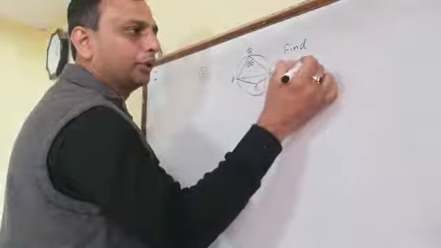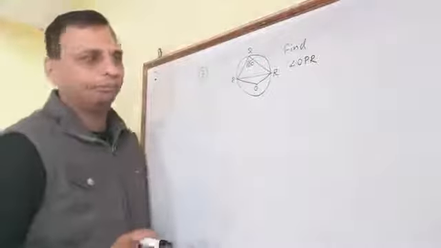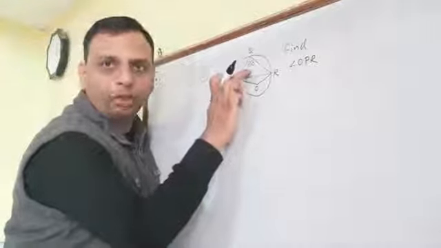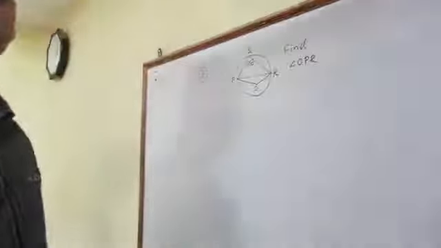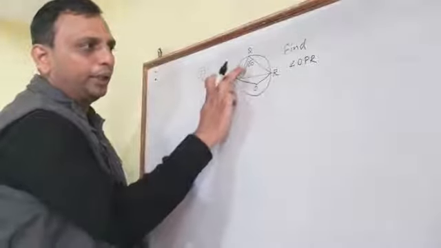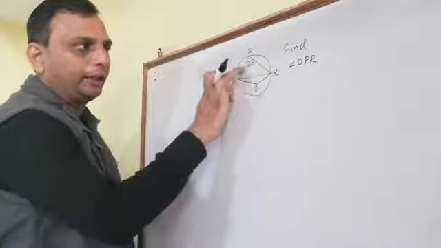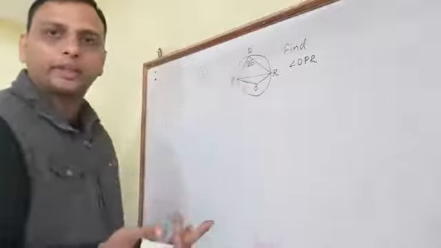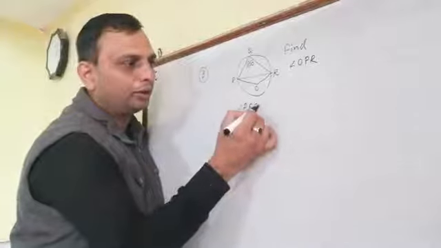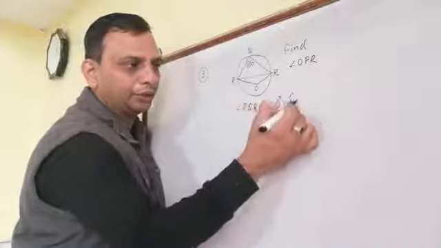This is a very simple question. Now what will we do? This is the angle formed at the remaining part of the circle, and this is the center angle. According to the theorem, if this is 100, the center angle will be double. So POR will be 200. We can write here: angle PQR is 100 degrees, given in the question.